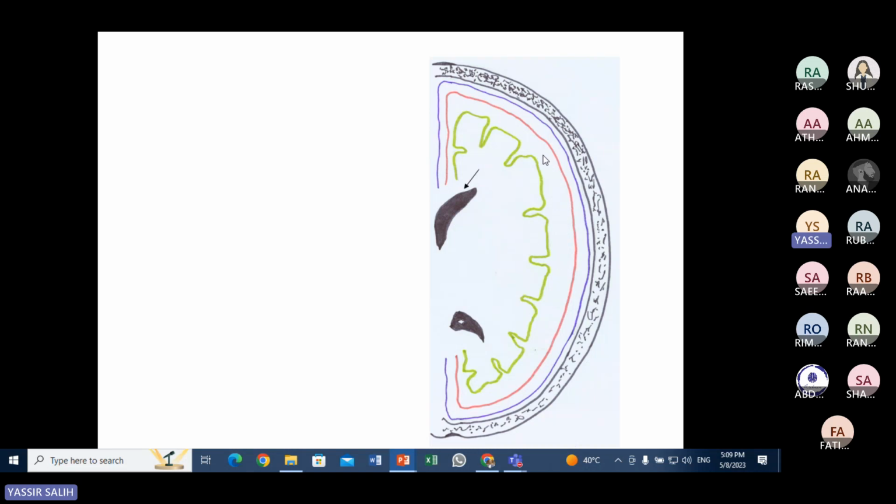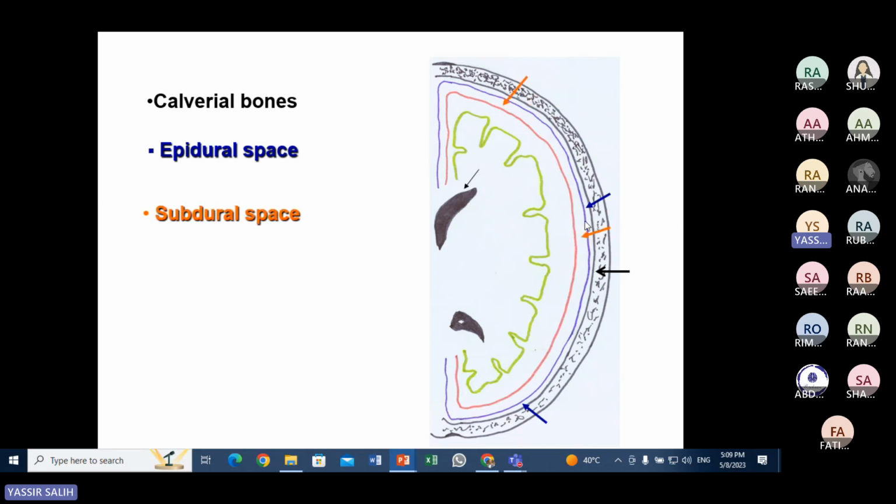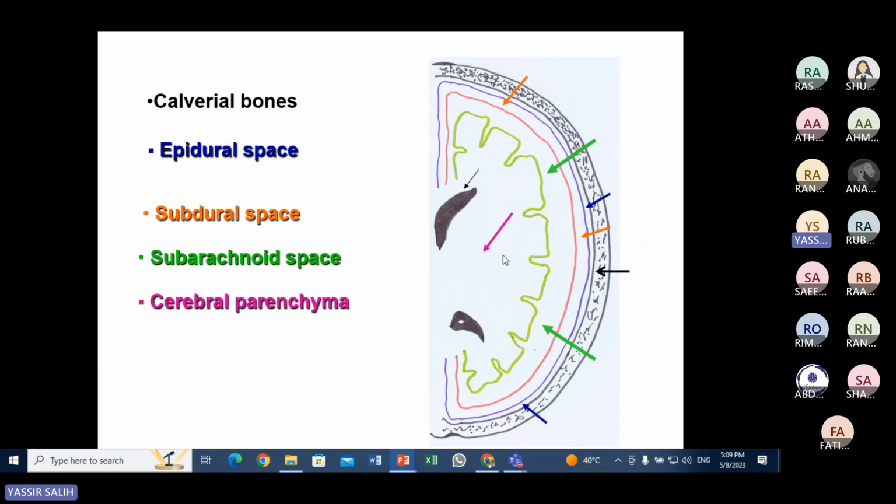and we are going to name the hematoma according to the space. So again, this is the calvarial bone, the skull bone, this is the epidural space between the dura mater and the calvarial bone, this is the subdural space between the dura mater and the arachnoid mater, this is the subarachnoid space, and this is the brain parenchyma.